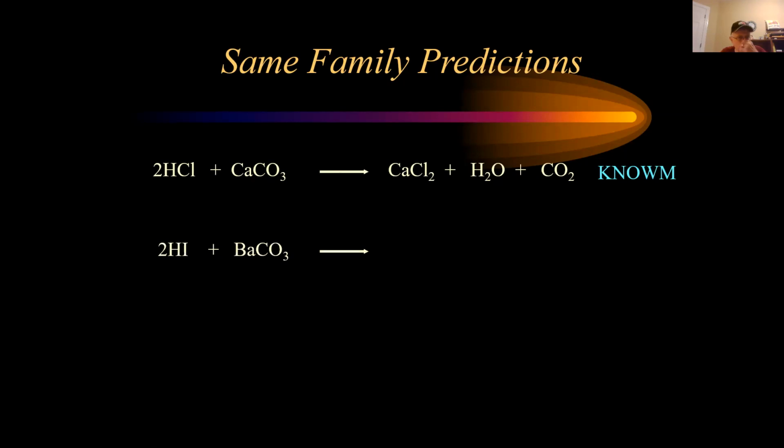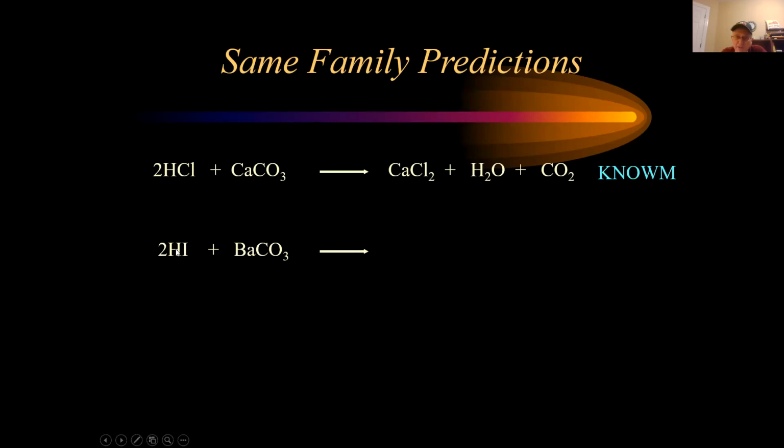We can look in the periodic table and suppose I'm looking at this reaction, hydroiodic acid and barium carbonate. Well, maybe I've never seen either one of those. And I don't know the reaction. What I would do is go to the periodic table and locate iodine, and then I would look in that column and just above it, I'd see chlorine.